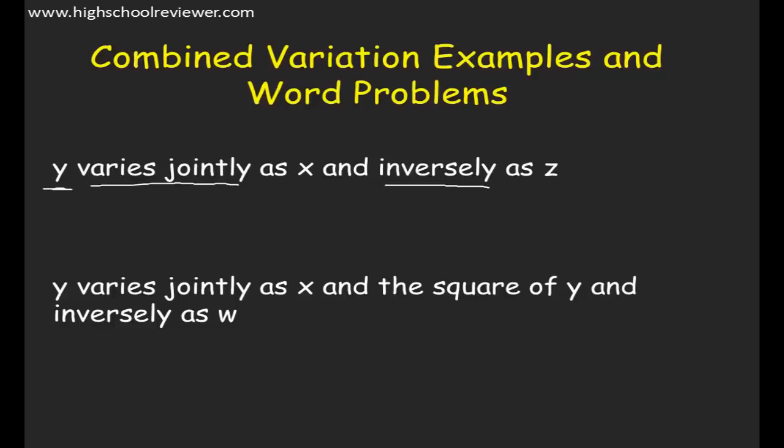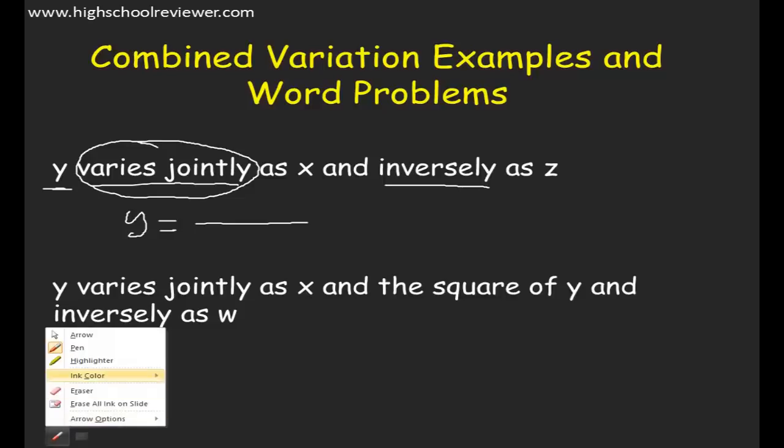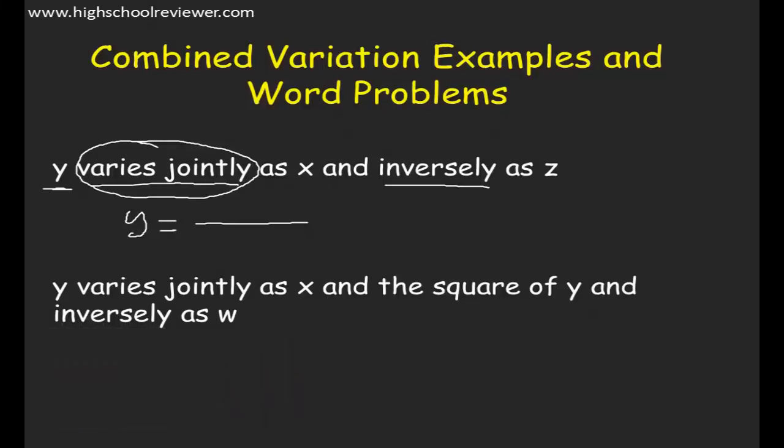Since y is the one that varies jointly and inversely, this will be written on the left side. So y is equal to, so we have a fraction here. All variables that vary jointly will be written on the numerator.